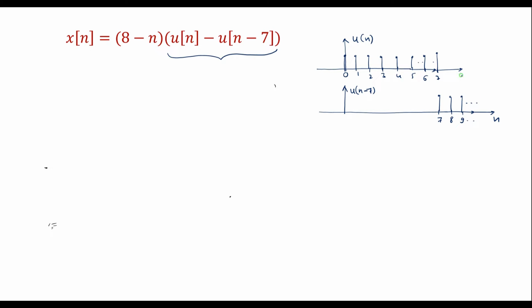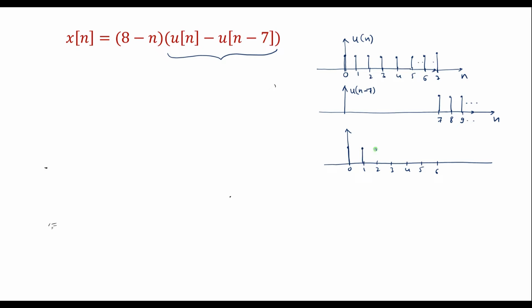This is the n axis. If you perform u of n minus u of n minus 7, the resultant signal will be like this. Up to 6, 1 minus 0 is 1, so the same signal will appear; that is, 0 to 6 samples will appear here: 0, 1, 2, 3, 4, 5 and 6.